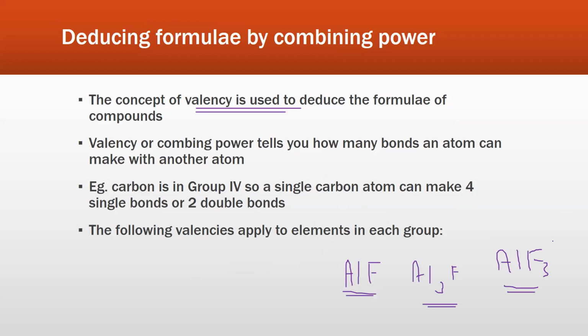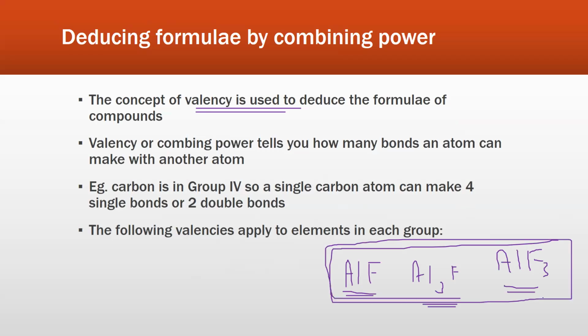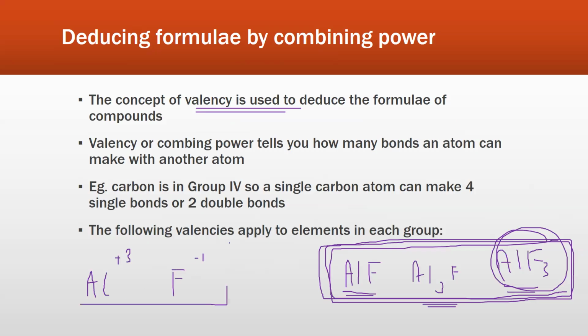Aluminium fluoride क्या होगा इनमें से? It would be AlF3. Why would it be AlF3? Because Al is in group 3, it has a charge of +3, and fluorine is in group 7, it has a charge of -1. Got it?